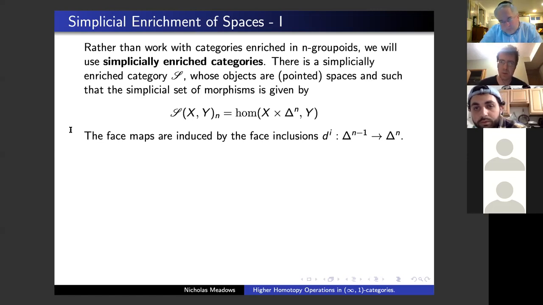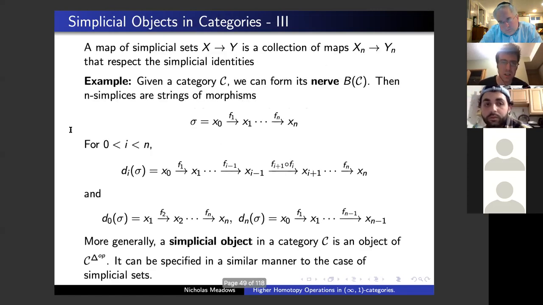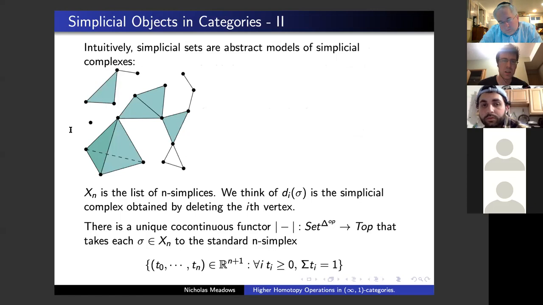What I mean by face inclusions is, let's go back to my picture here. We can think of this as the vertex. Let's just look at one of these little triangles. We can label the vertices 0, 1, 2. The ith face of that triangle is going to be the line segment consisting of all the vertices that are not labeled i.